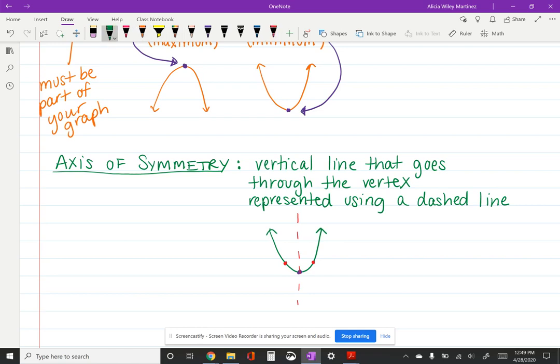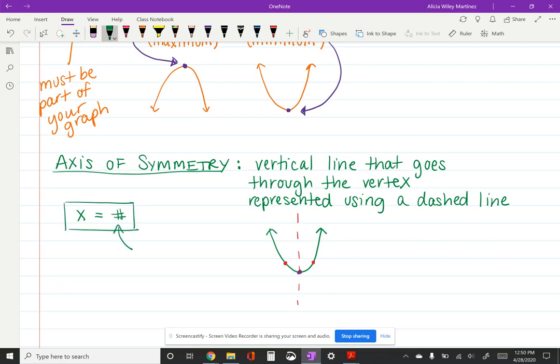Now, since the axis of symmetry is a vertical line, it is always written as an equation where x equals some number value. Okay? Since it is a line, when we represent the axis of symmetry, we represent it as an equation. So this is what an axis of symmetry name will look like.